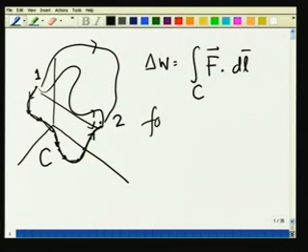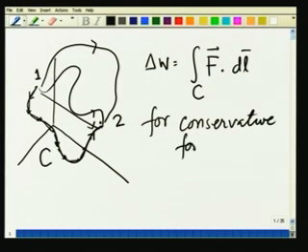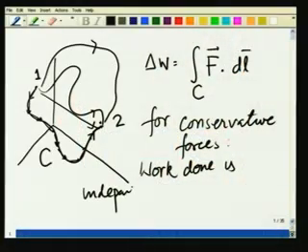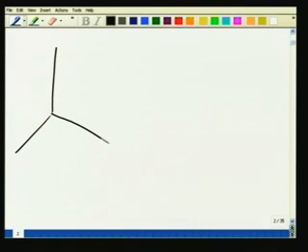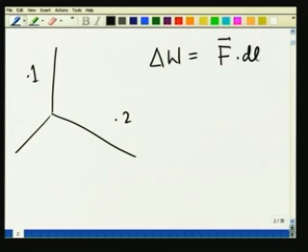So, for conservative forces, work done is independent of the path, and therefore I can safely say that when I am talking about point 1 and point 2, the work done, delta W, which is equal to F dot dl along the path C, does not really depend on path C, but only on the end points 1 and 2.